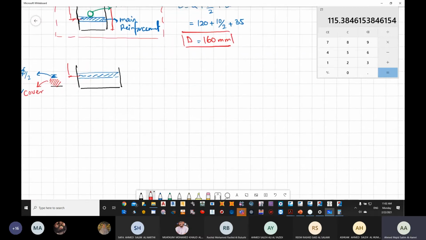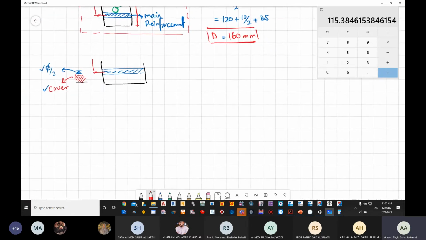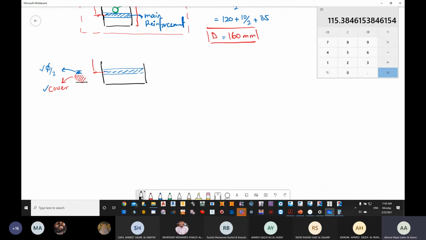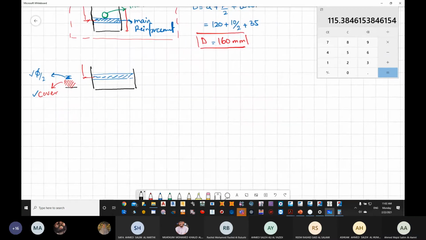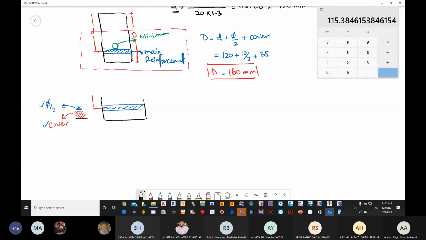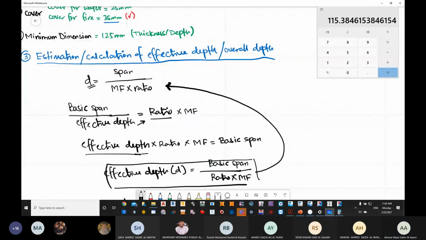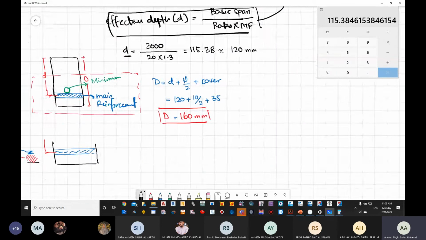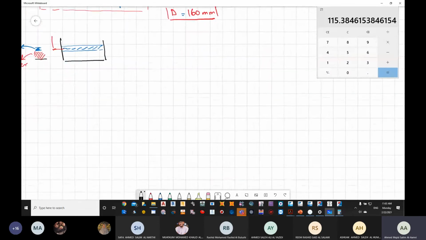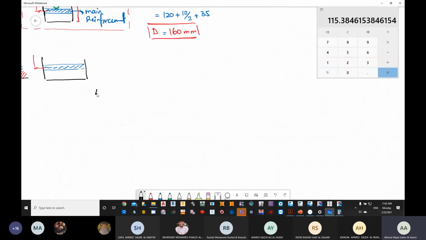So we can say now, this is step number 4. Calculation of loading.